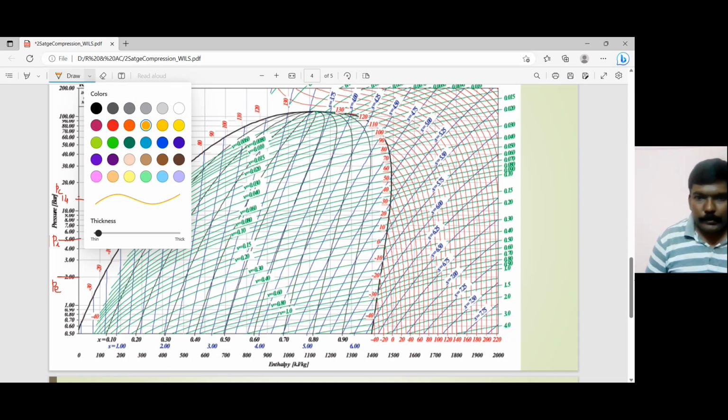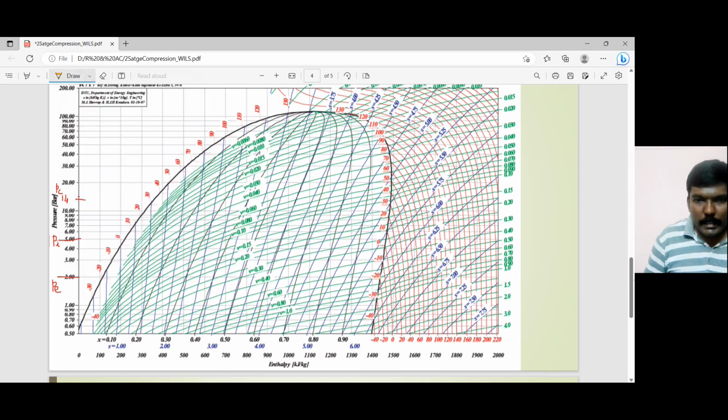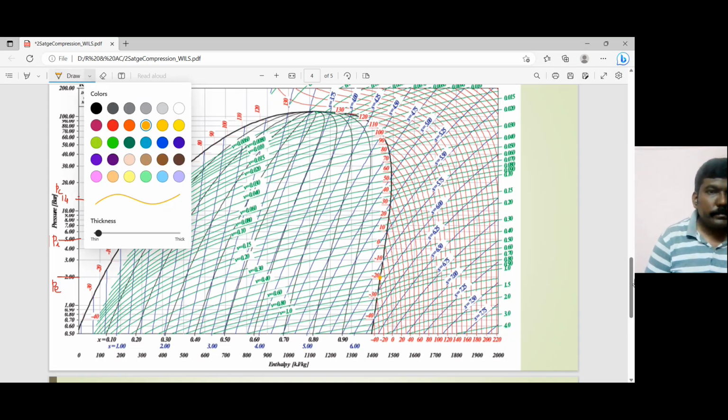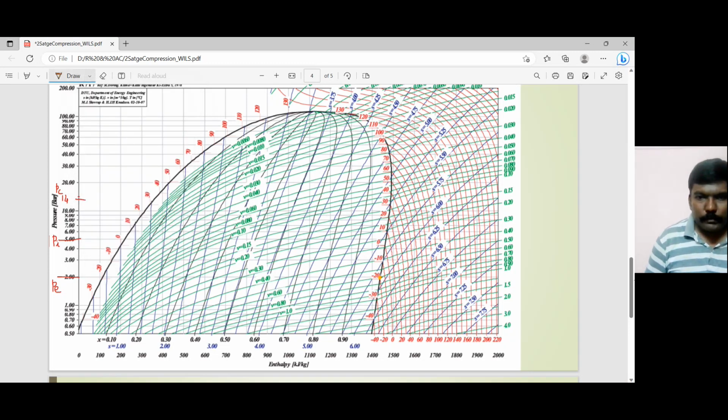Let's try. No, this is not good. Okay, there is no other go. Let's try and use this brown over here. So this is my point number 1.